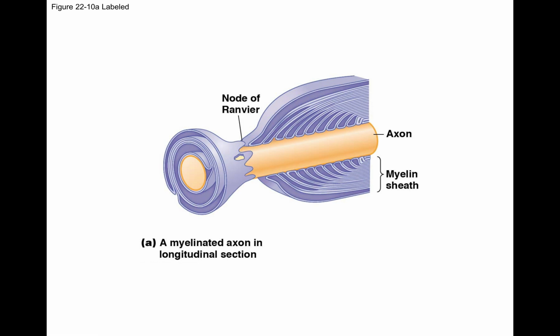So where axons are covered up with myelin from these Schwann cells, the ions can't leak out at that spot. They can only move in and out of the axon at places where one Schwann cell meets up with another Schwann cell. That's called the node of Ranvier.